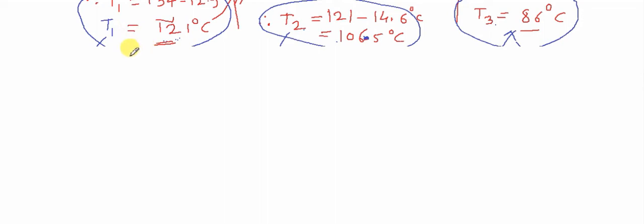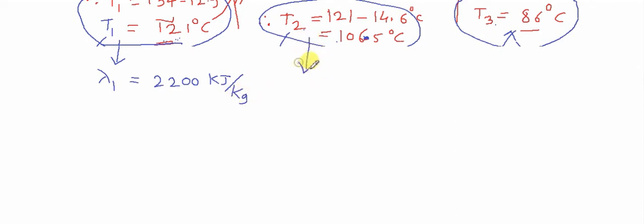The calculation of mV1, mV2 and mV3. Before that you have to find out the corresponding latent heat with respect to this temperature from the steam table. This latent heat you will get is 2200 kilojoule per kg.